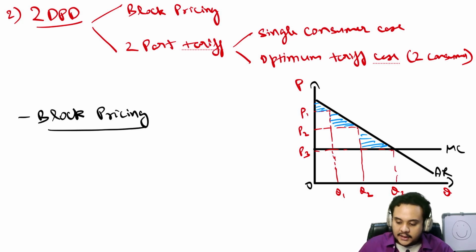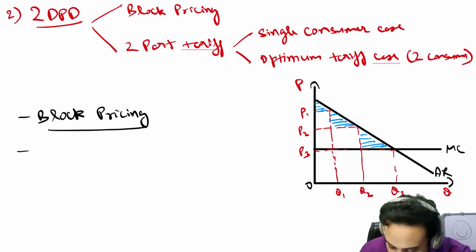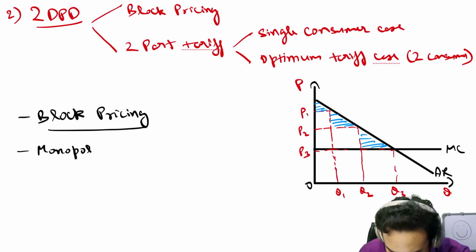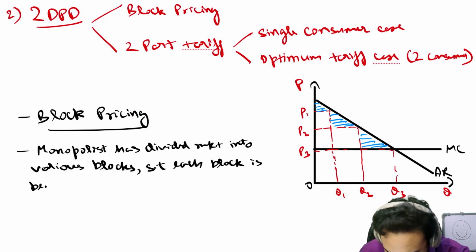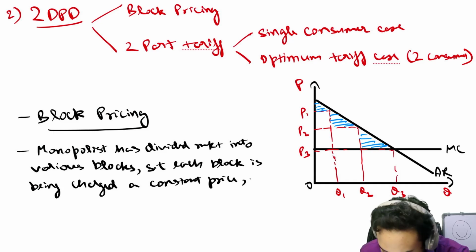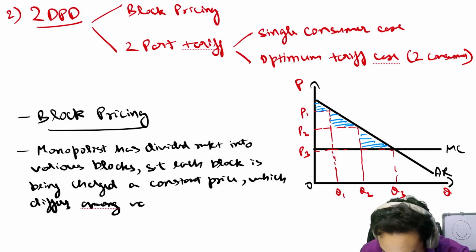Right? So we can write all of these points down, that first of all, the monopolist has divided the market into various blocks such that each block is being charged a constant price which differs among various blocks, right?